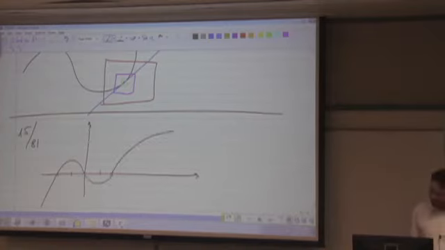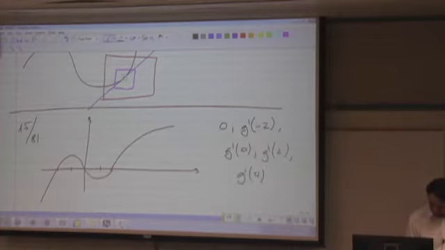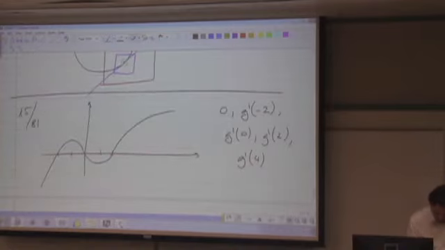Okay. So the focus for right now is the following. We have the numbers 0, g prime of negative 2, g prime of 0, g prime of 2, and g prime of 4. And you're probably asking yourselves, what exactly are we doing with these? We're supposed to list them in increasing order.